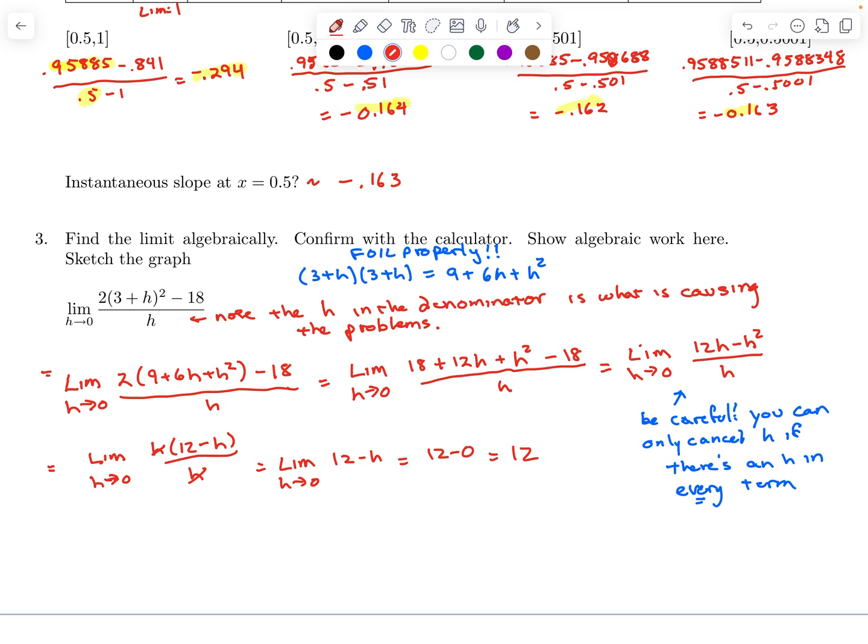Now if I graph, I have to use extra parentheses around the top. And I have to use x instead of h. I just smushed that x, didn't I? Let me fix that.